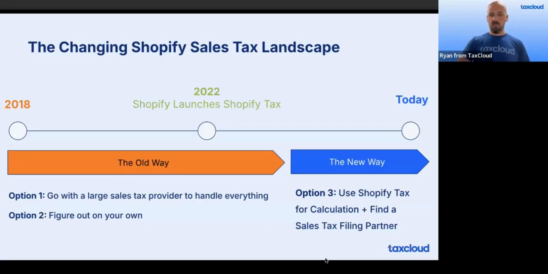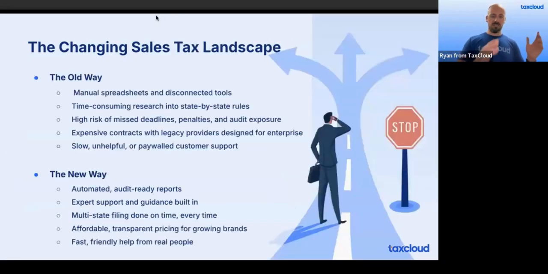And so that's sort of the evolution we see a lot of businesses going through over the last few years. And so the difference of what happens in this is that the old way became this world of, if you're doing on your own, there's a lot of upkeep and time and manual work that you were doing.